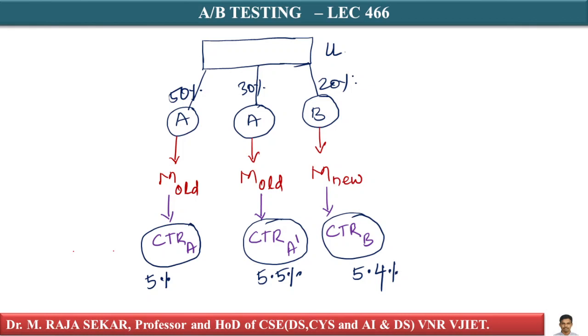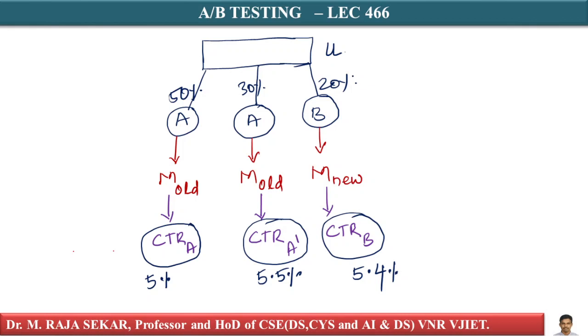By just changing the sample of users slightly, I got a different value, that is 5.5% here. The 5.4% value lies between 5.5% and 5.5%. Actually, my new model is not doing anything fancy; just because of randomness in the split, model B is getting a slight advantage, but that's not actually significant, because running the same old model on slightly different data is giving 5.5%.